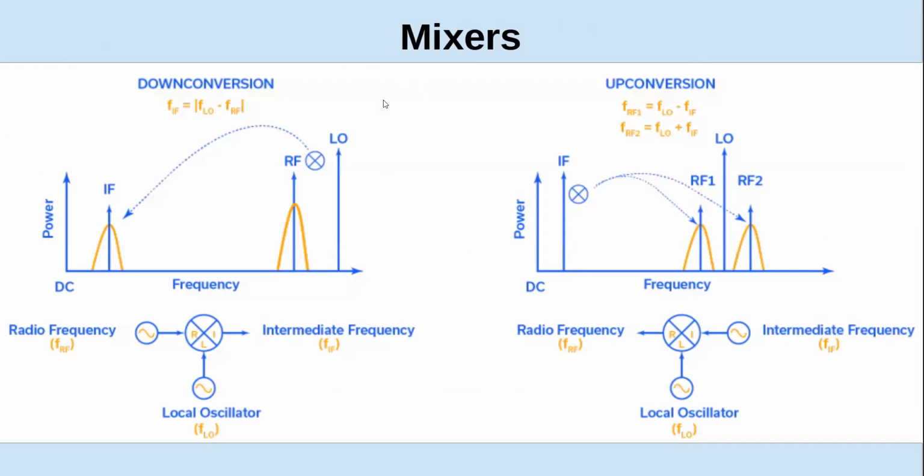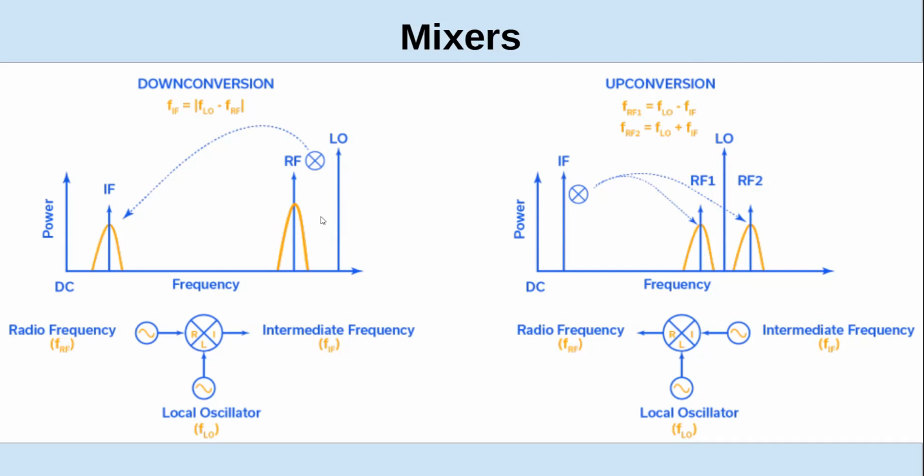Now we use them to do what's called down conversion or up conversion. If we're doing down conversion, then the intermediate frequency that we're going to get out is going to be the local oscillator frequency, which is one of the inputs, minus the RF signal on one of the inputs. So we'll put these two together, and the difference is going to be this intermediate frequency way down here.